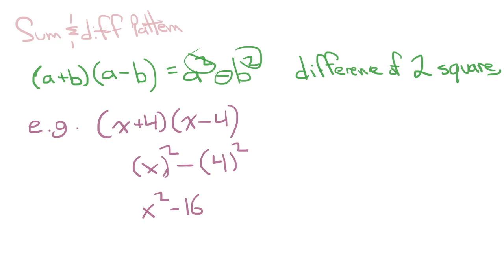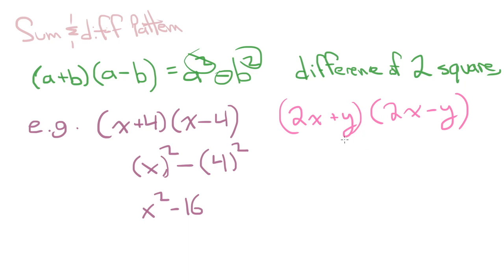Shall I do another example? Okay, let's get a nice, maybe a little bit more interesting red. Let's do 2x plus y. That's a really hot pink, isn't it? 2x minus y. So you're noticing that this is going to be the difference of two squares.